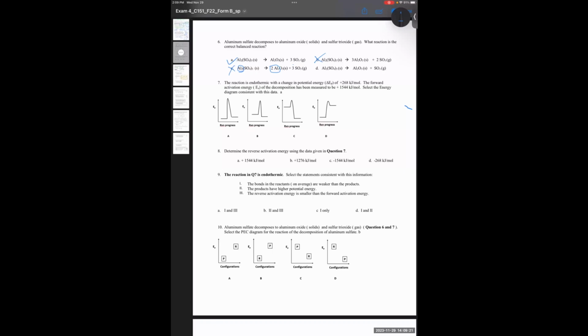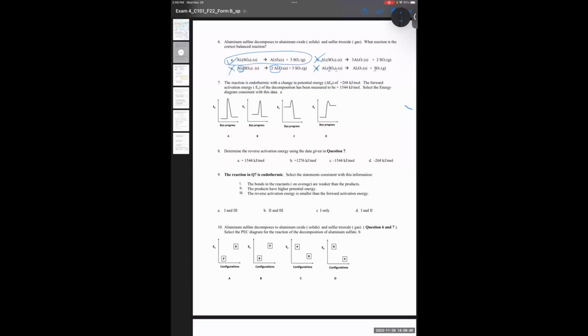And then in option D, we have 3 sulfur atoms on the reactant side, only 1 on the product side. There are other things wrong as well, but if you find at least one thing not balanced, that is enough to eliminate that option. So I'm eliminating that without even looking at the other atoms. So the correct answer is option A, this one over here.